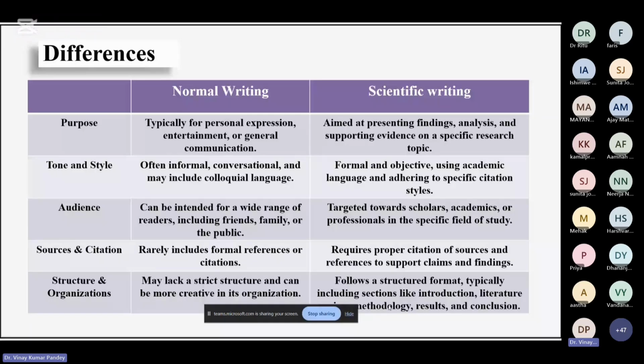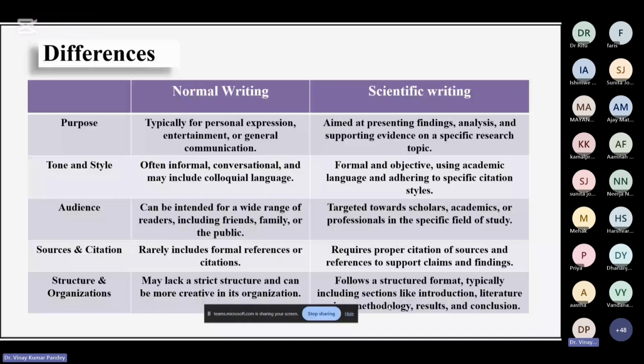We state a sentence, for example, something we have said, so there is always a reference, a background, an evidence with which you are supporting your statement, right? So that is the difference between normal writing and scientific writing.